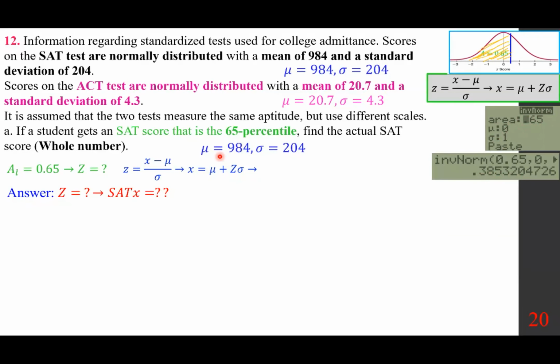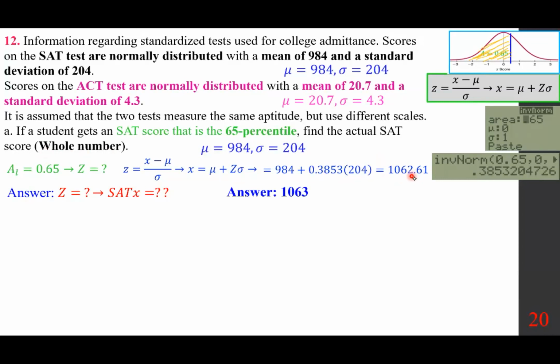So now we have the mu, the sigma, and the z as well. You want to use many decimals, and we end up with 984 plus 0.3853 times 204, which is 1062.61. They said go with the whole number, so the answer is 1063.